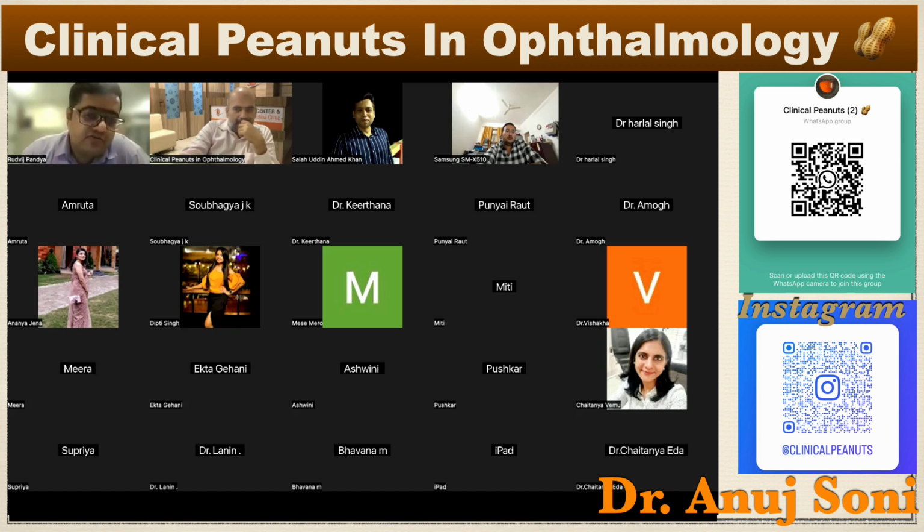So when we talk about endophthalmitis, generally it has been divided based on the timeline of presentation: acute and chronic. The critical time period over here is generally decided to be 6 weeks.